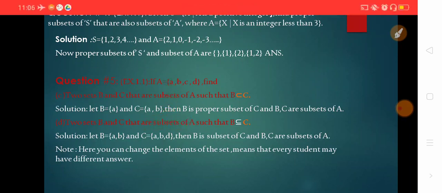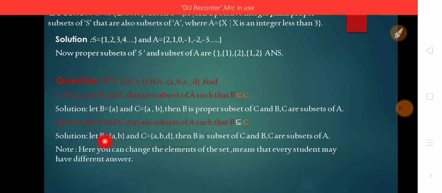Now the next one is two sets B and C that are subsets of A such that B is a subset of C. So first we have to make a condition. Now, solution. Let B equal {a, b} and C equal {a, b, d}.